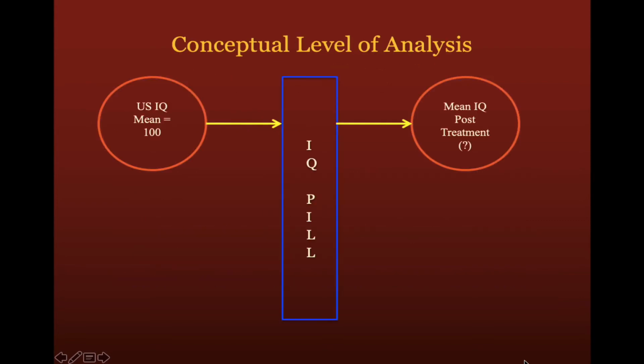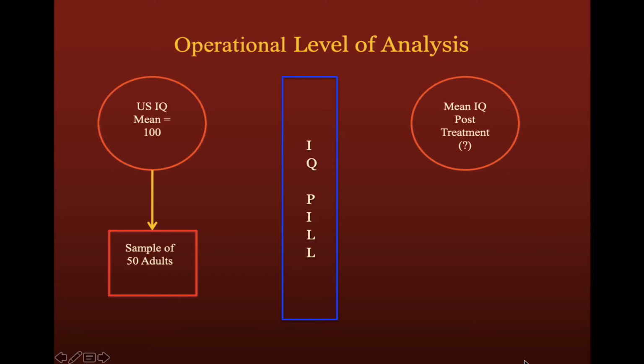When you're trying to understand this, think about it on a conceptual level: you're trying to see what would happen if you had given everybody in the population the pill once a day for 3 months, and what their IQ would be after receiving it. The problem is you don't have access to everybody in the population, so you get a sample of 50 people, and hopefully it's a representative sample.